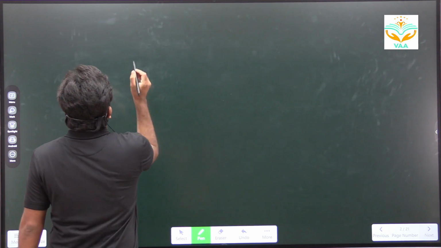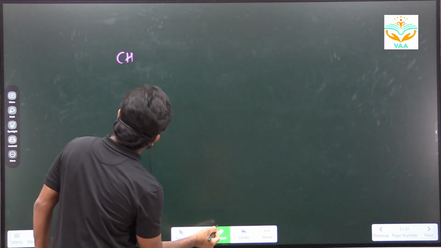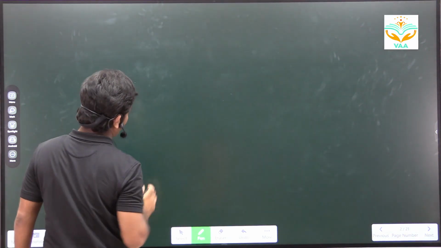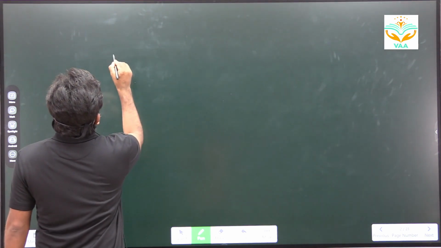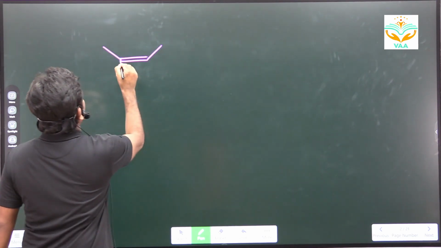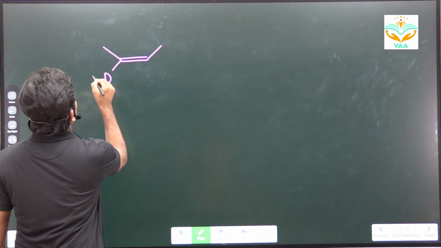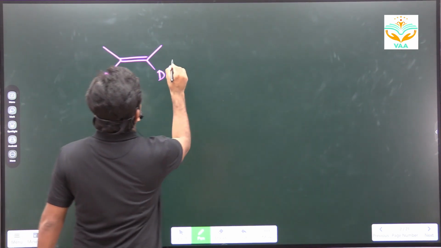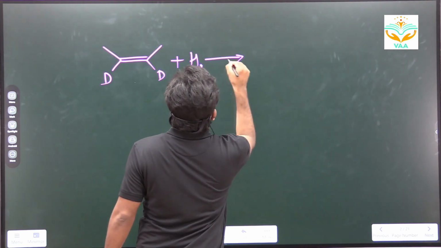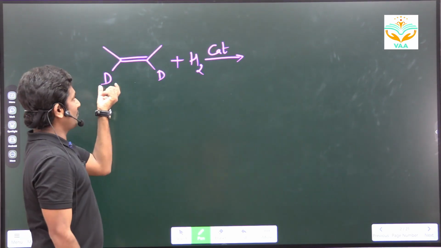Now, if you take this example, CH2, if you take this cis alkene, this is a cis alkene.